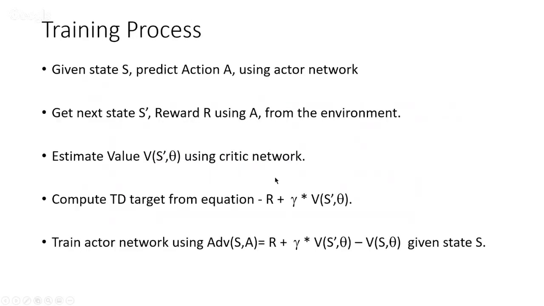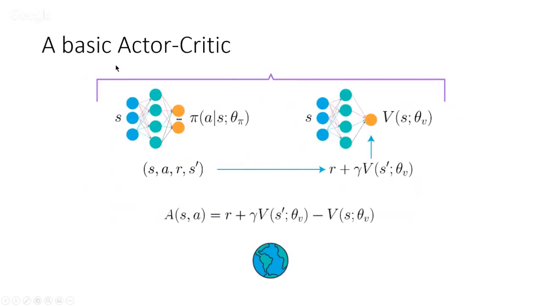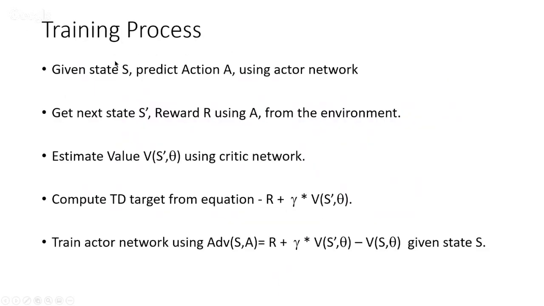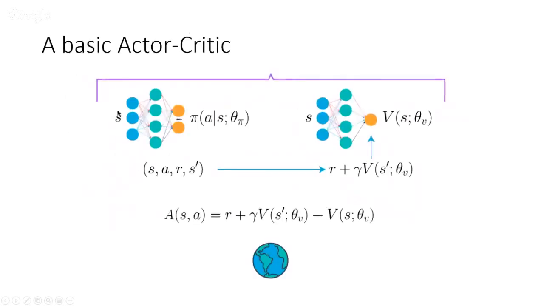So let's look at a typical training process. This is not a training process for all the algorithms based on the actor-critic method, but this is one of the typical ways. So there are two networks.